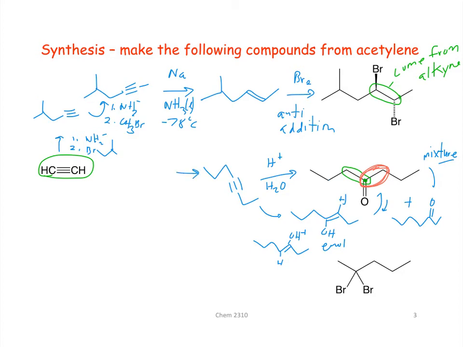Okay? So how do we get to here then? To get to here, we're going to go through the two-step process again. We're going to use NH2-. Let's say we put on the propyl group first. We could do the ethyl group first if we wanted.